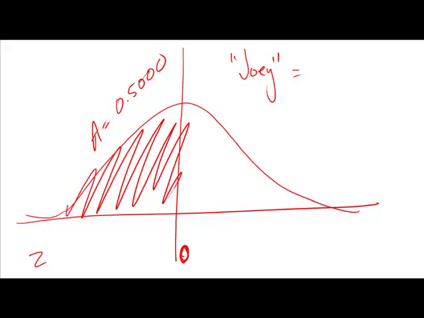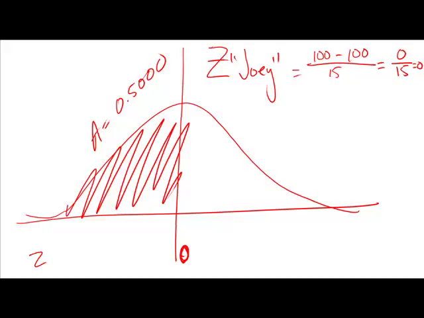Joey's personal score is 100. The average score is 100. Google lady tells me that the standard deviation is 15. Joey's z-score is 0 divided by 15, which is 0. I take that z-score, I look it up in my table, and I know that 0.5 of the population, or 50% of the population, has an IQ score less than Joey.